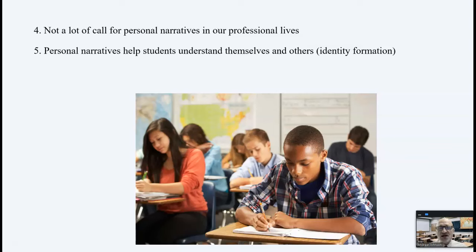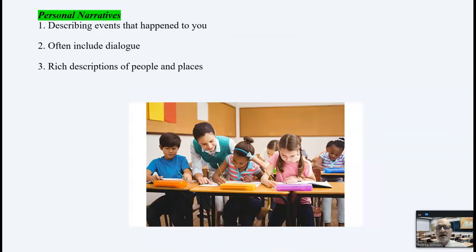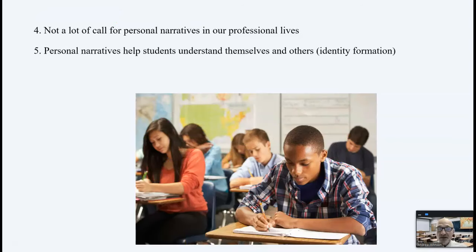The process is what transfers to all types of writing. And again, in my professional life and in yours, few people are asked to write personal narratives. We usually have to write objective and professional messages. But it is the impact of the words and the process that transfers to all types of writing.